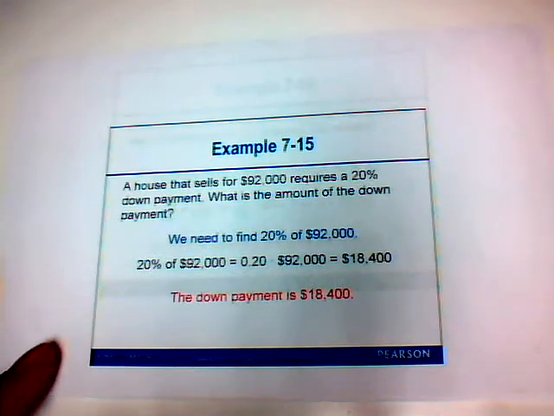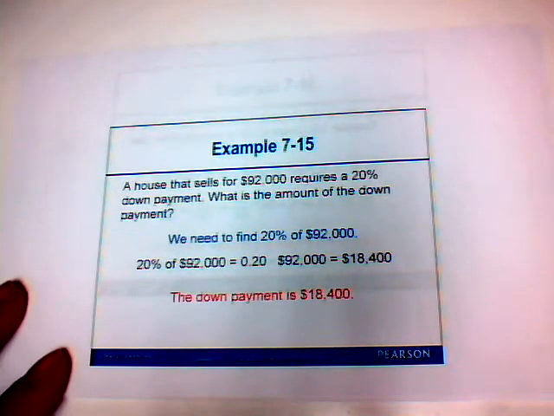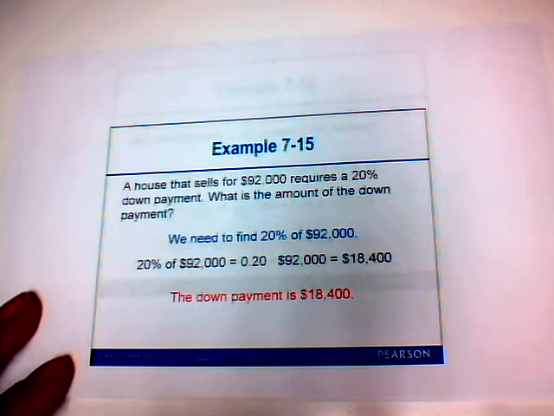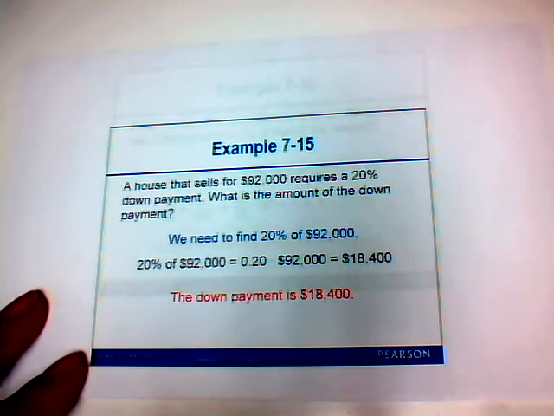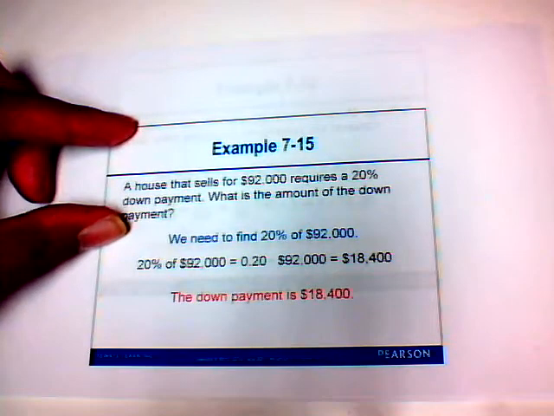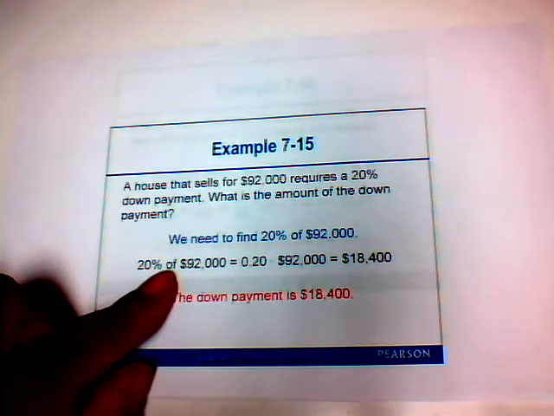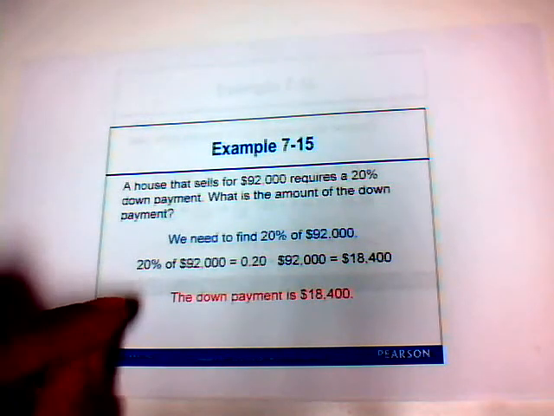In this example, we have a house that sells for $92,000, requires a 20% down payment. What is the amount of the down payment? So in this problem, we want to find 20% of 92,000. The word of means we're going to multiply.